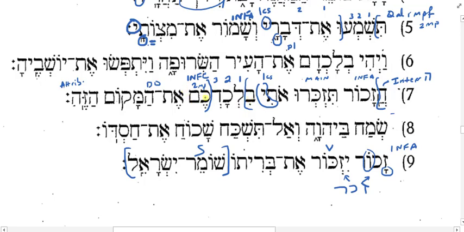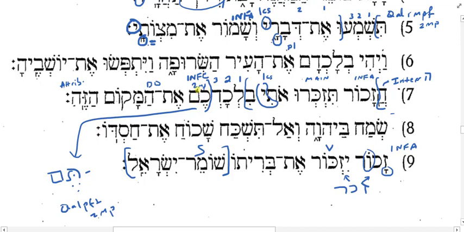And this is not, and hear me clearly, this is not the personal ending tem, which is what you see on the cal perfect 2MP. This is the ending chem, not tem. Chem is a pronoun suffix, not a personal ending.